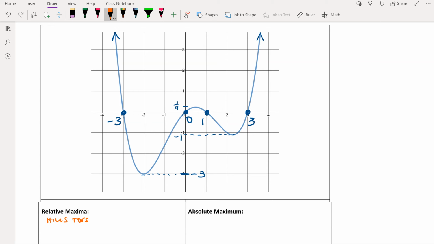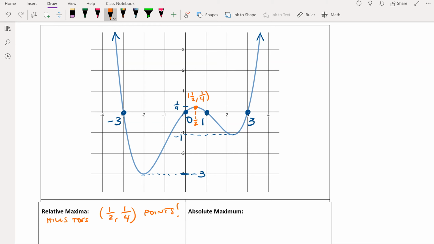Okay, so for maximums, it looks like we only have one hilltop, and we need to write the actual point. So this happens at x equals 1/2, and y equals 1/4. So that's what we're going to write for relative maxima: (1/2, 1/4). There was only one hilltop, so we're only writing one. And make sure that you know you are supposed to write these as points.